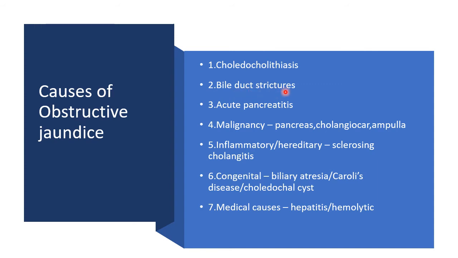Second, bile duct strictures, acute pancreatitis, and malignancy, especially the triple malignancy: carcinoma of the pancreas, cholangiocarcinoma, and ampullary carcinoma. The others mentioned here, inflammatory, congenital, and medical causes, are less important in surgery.